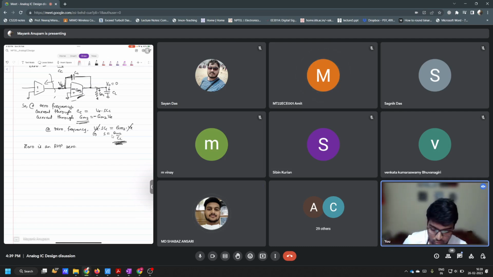This is an RHP zero, and any zero in the right half plane will add excess phase delay, right? It will simply add delay to the closed loop system, delay to the negative feedback, basically.